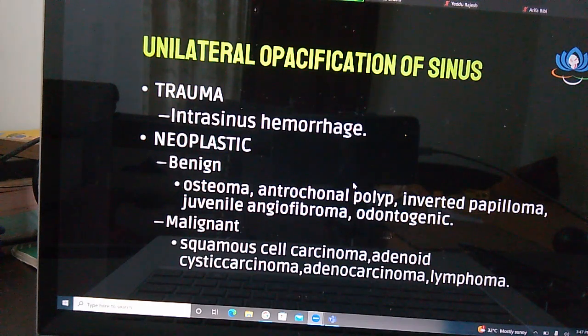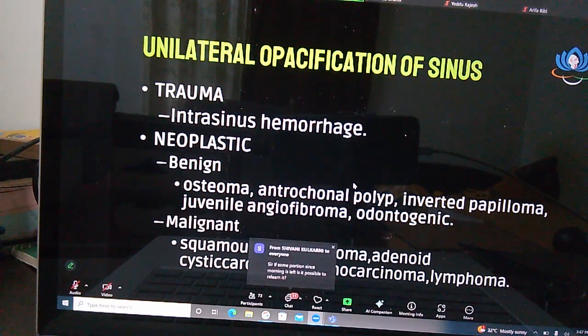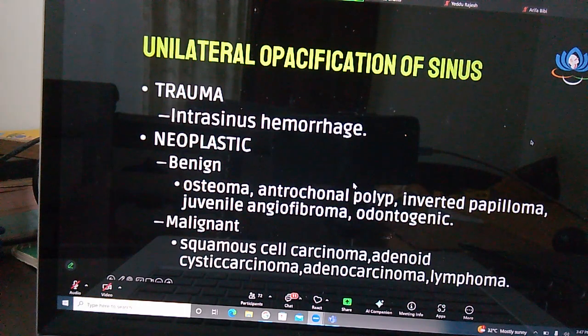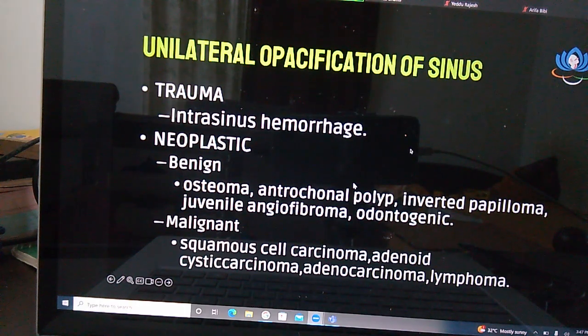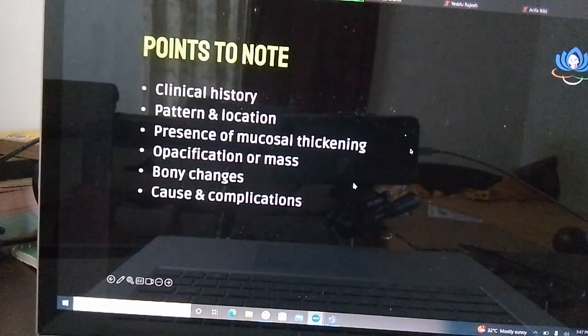Or it could be malignant also: squamous cell carcinoma, adenoid cystic carcinoma, adenocarcinoma, lymphoma. It could be anything. So all this can give rise to unilateral opacification of the sinus.